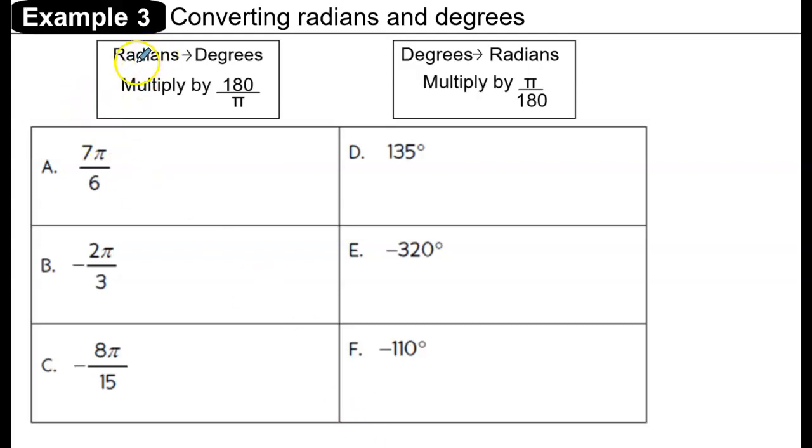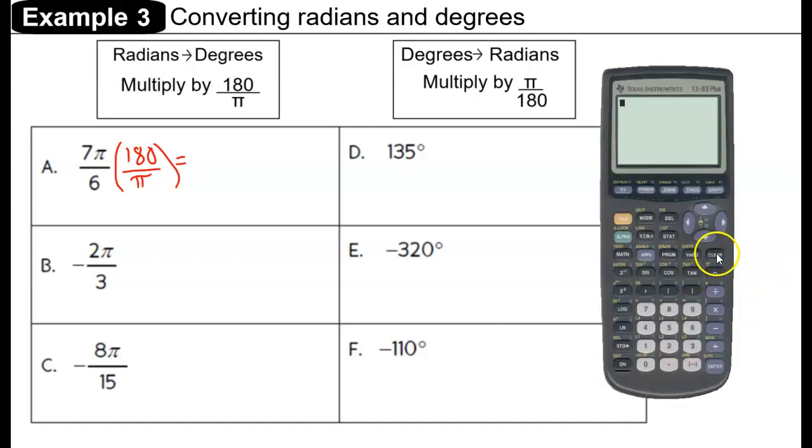Okay, to convert from radians to degrees, we multiply the radian measure of the angle by 180 over pi. So in problem A, we'll take 7 pi over 6, and we're going to multiply that by 180 over pi.